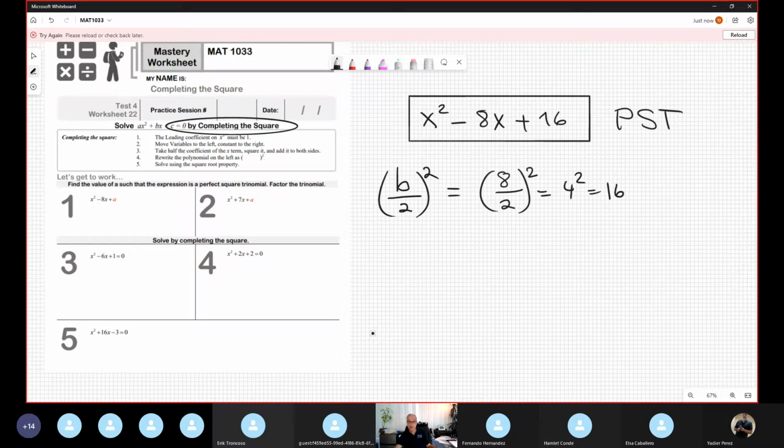For the factorization, the combination is obvious, 4 and 4, because 4 times 4 is 16, and 4 plus 4 is 8, and both negative. So better to write x minus 4 squared. You understand the idea of this procedure? It is called completing the square.